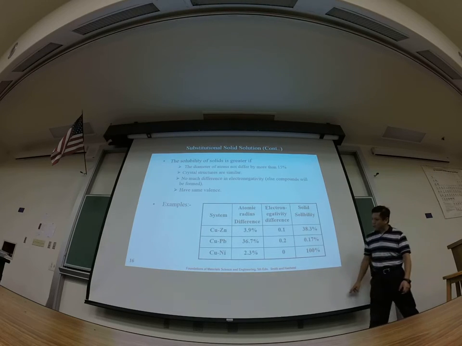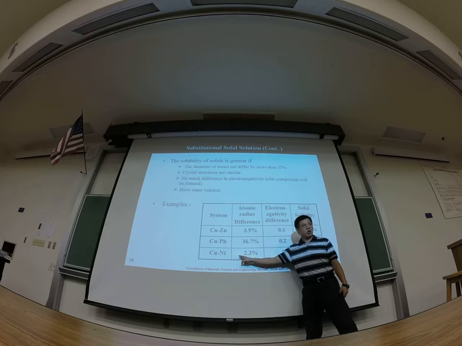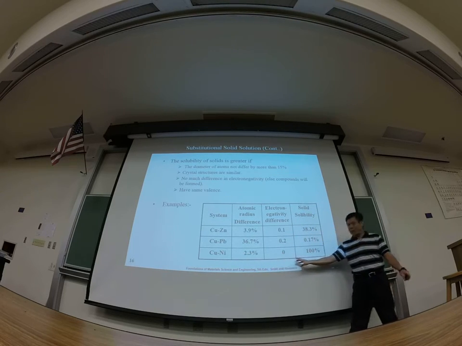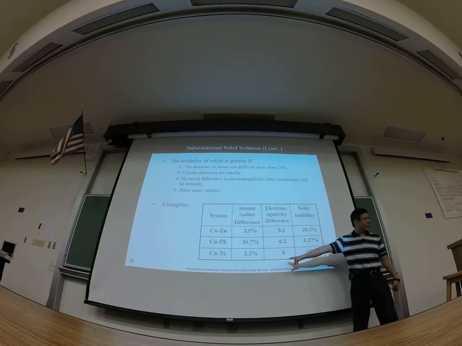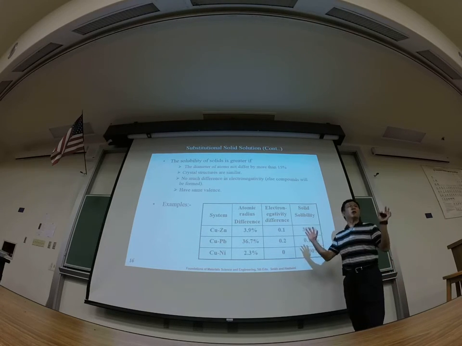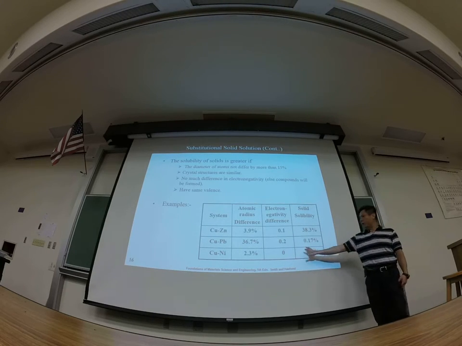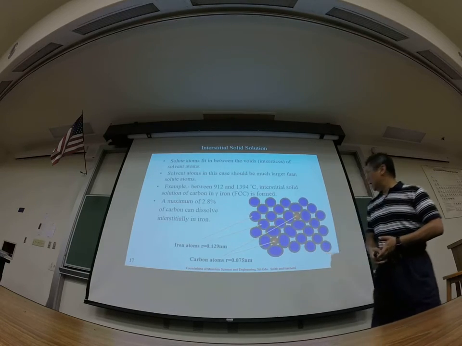But for the copper and nickel case, because the size difference is very small, and there's no difference in electronegativity, they can be made to whatever level you want, up to 100%. So they alloy very well.